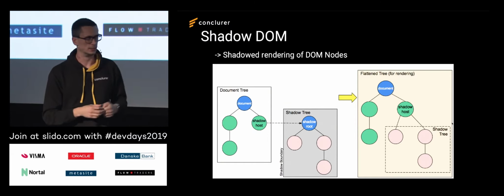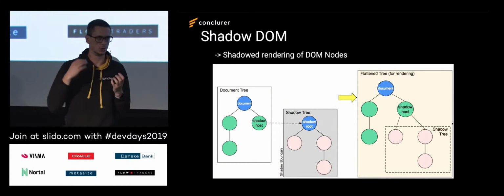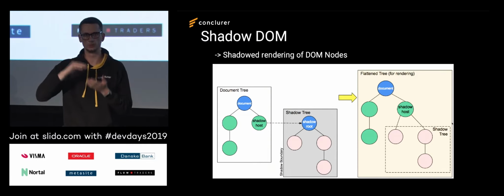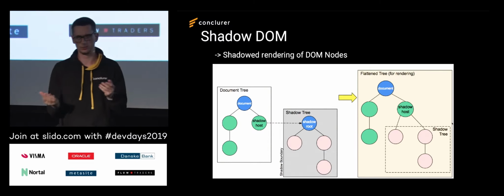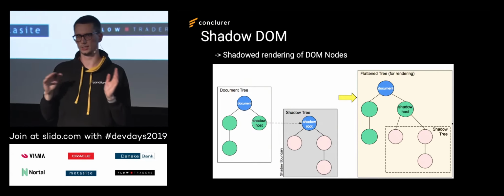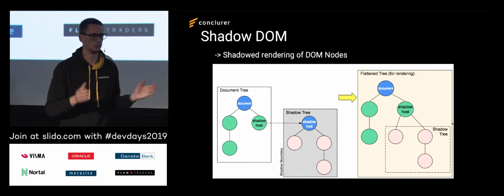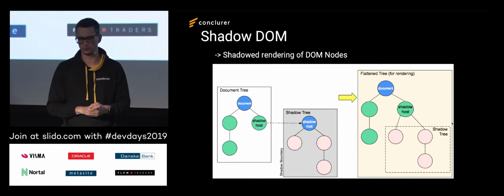And the shadow host is the hosting element for this virtual tree. If you're a React developer, you already noticed something like it's called virtual DOM. And the shadow DOM is the native implementation for this.